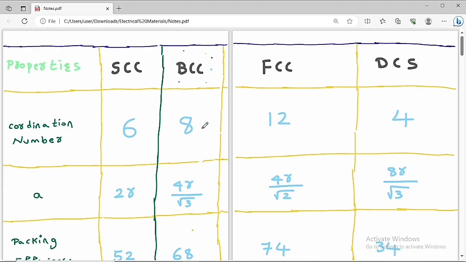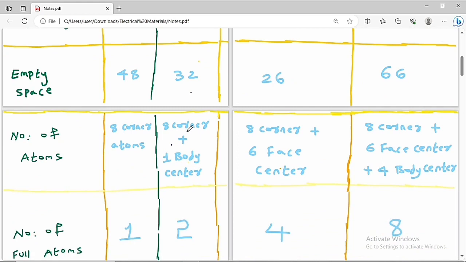Now let's go for the BCC, body centered cubic crystal. Here we are going to have 8 corner atoms as well as 1 body centered atom.